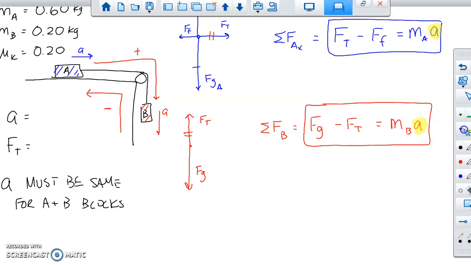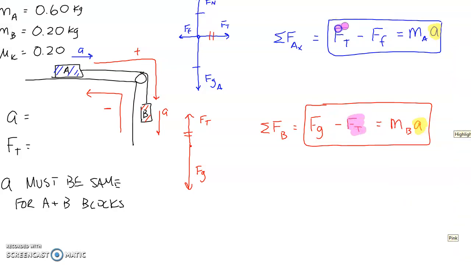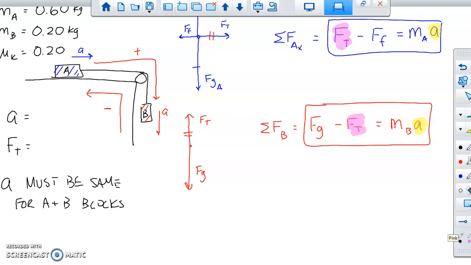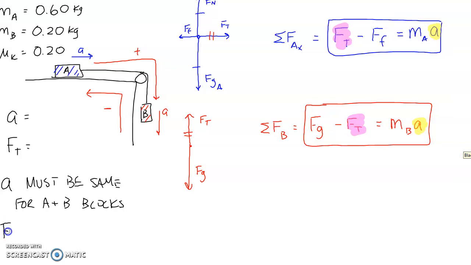The other thing is that this tension is equal to this tension. The reason why is because the Ft of A on B is equal to Ft of B on A. And that is due to Newton's third law.